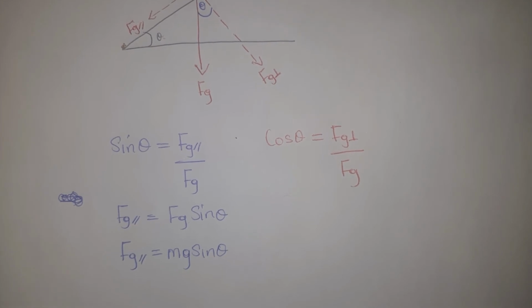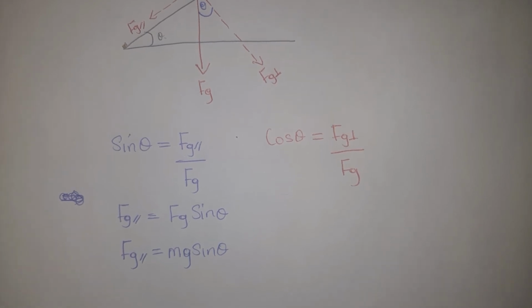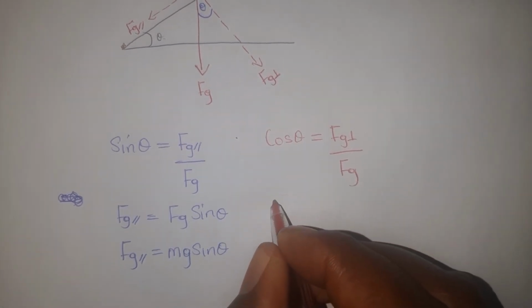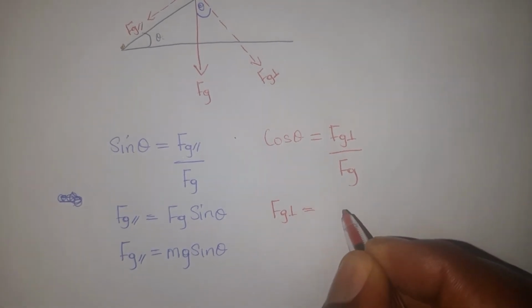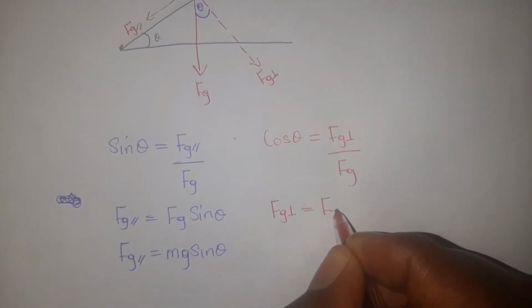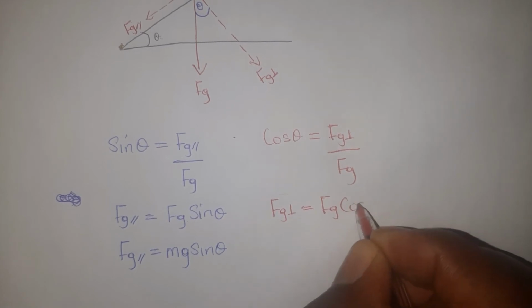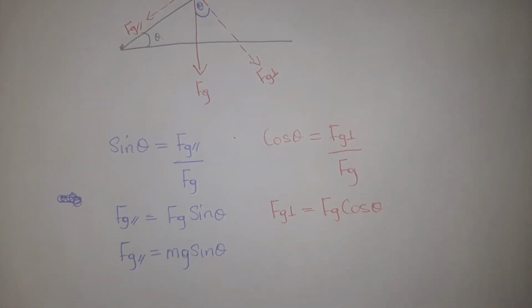So again, if you multiply by FG on both sides, you will get FG perpendicular is equal to FG times cos theta.